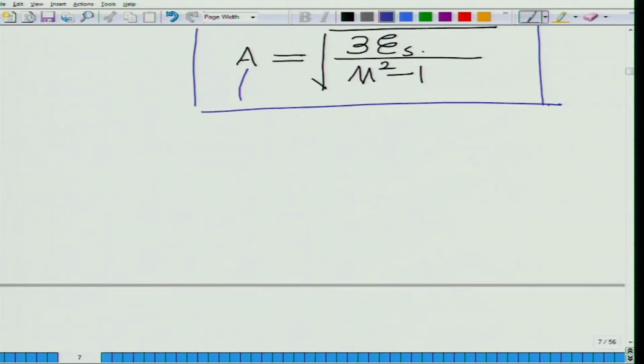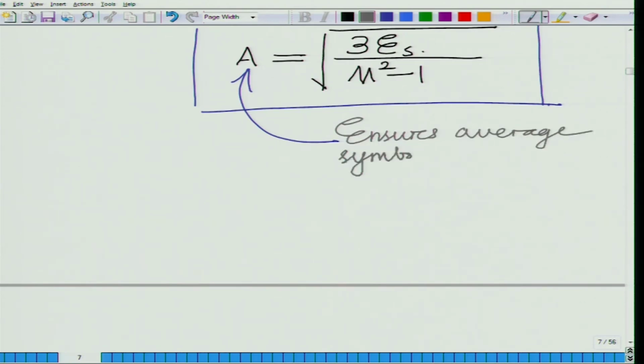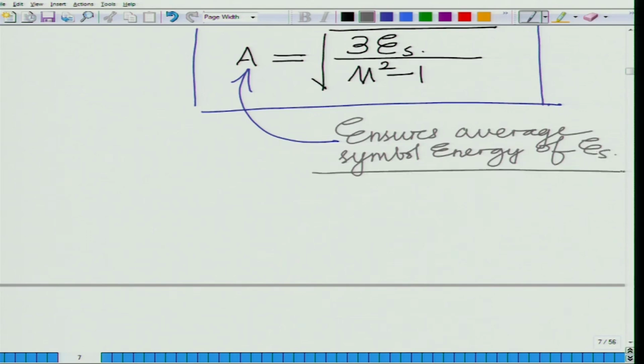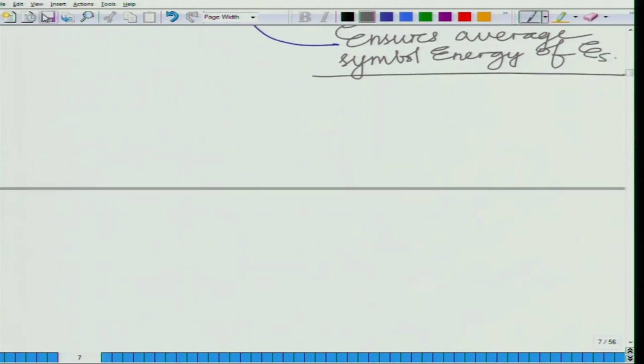So, setting this value of A ensures an average symbol energy of Es, that is the whole point. And therefore, now we have what the parameter A is, where 2A is the spacing between these two levels.